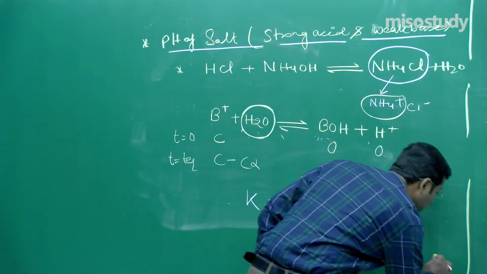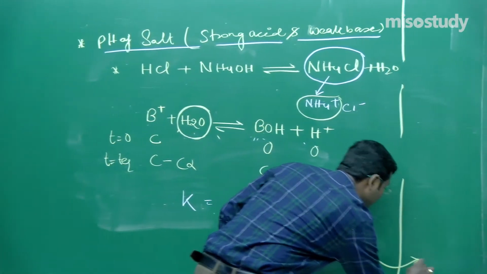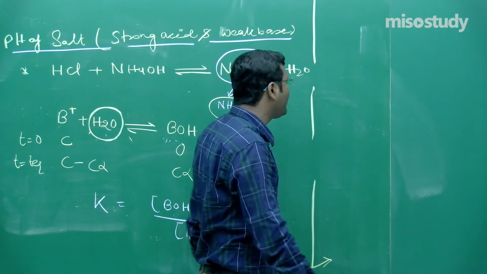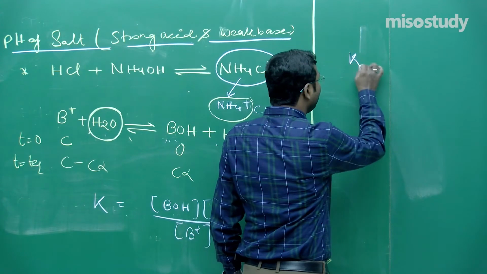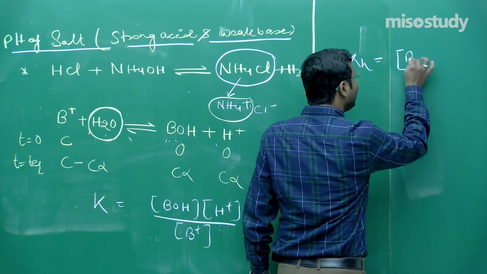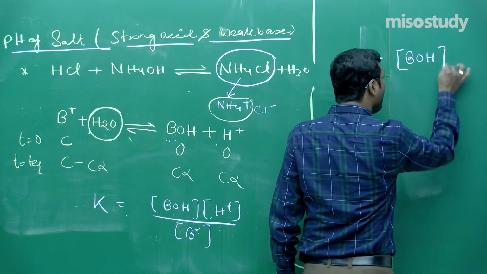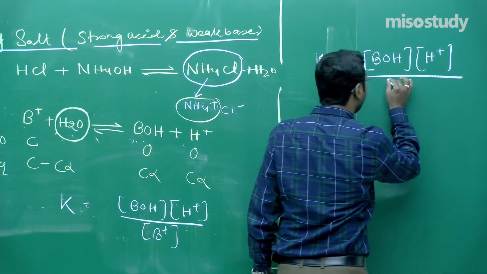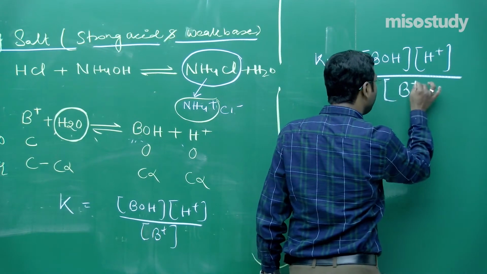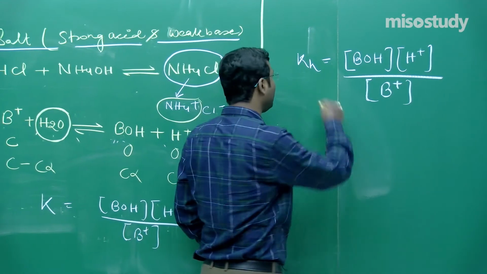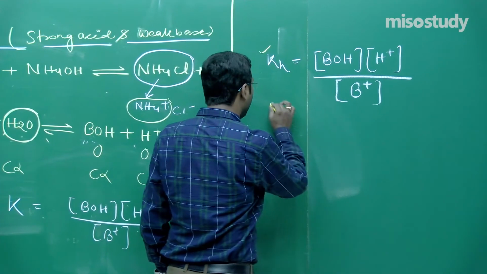Now I am moving here and going to solve the next part. As we know, it is an example of a salt, so we can replace K with KH. Hence the expression will be KH is equal to BOH into H plus upon B plus. It's very simple. Now put the values.